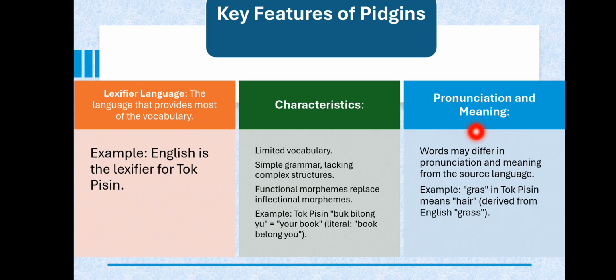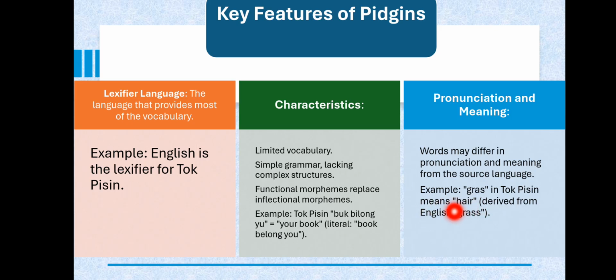Pronunciation and meaning: words may differ in pronunciation and meaning from the source language. The source language is the one from which most of the vocabulary was taken. For example, we have "gras" in Tok Pisin, which means hair.